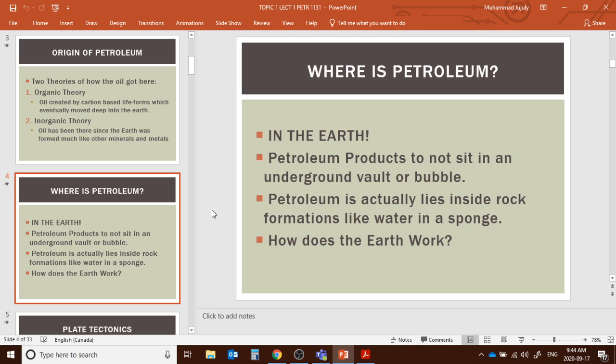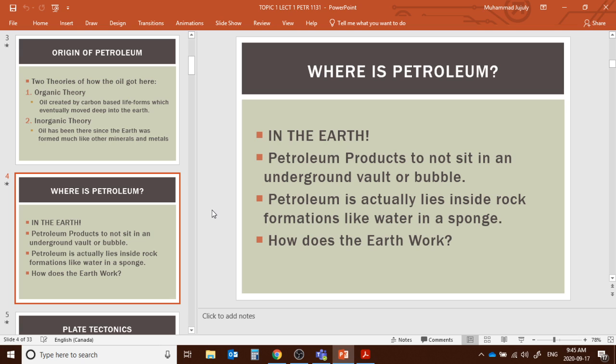Because the sponge has some important characteristics, which we call porosity and permeability. We'll come to that later. So this is how petroleum usually lies inside the rock.